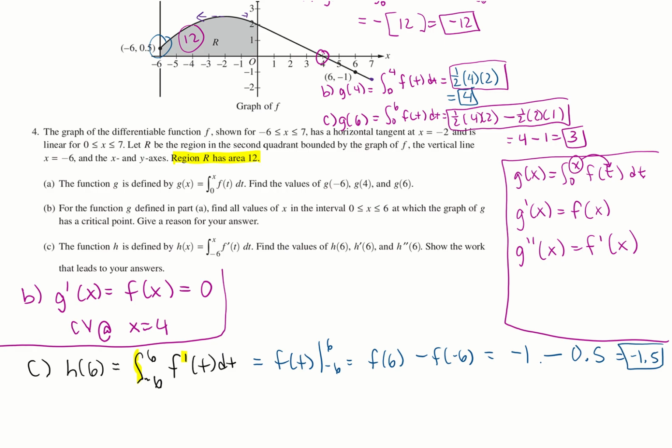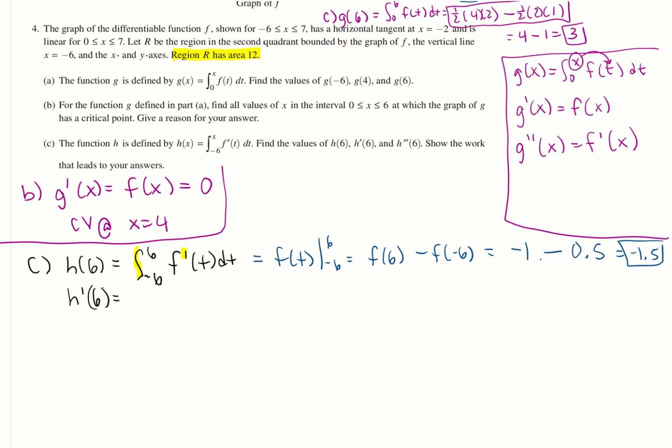The next part of C is I need to find h prime of 6. So h prime of 6. Well, let's think about this really quickly. Maybe let's do a quick little side work. If h of x turned out to equal the integral here from -6 to x of f prime, then h prime of x, we would now undo this integral.